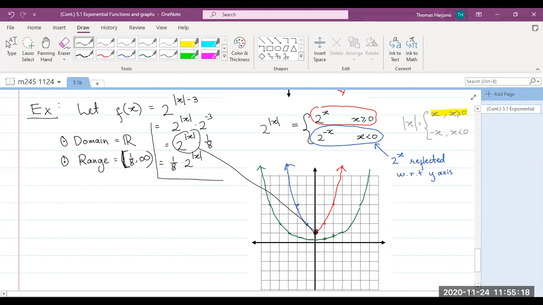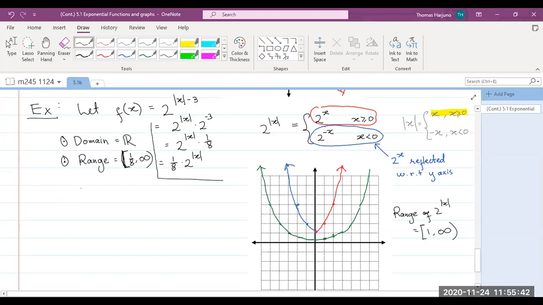When you divide by 8, the range becomes from 1/8 to infinity.